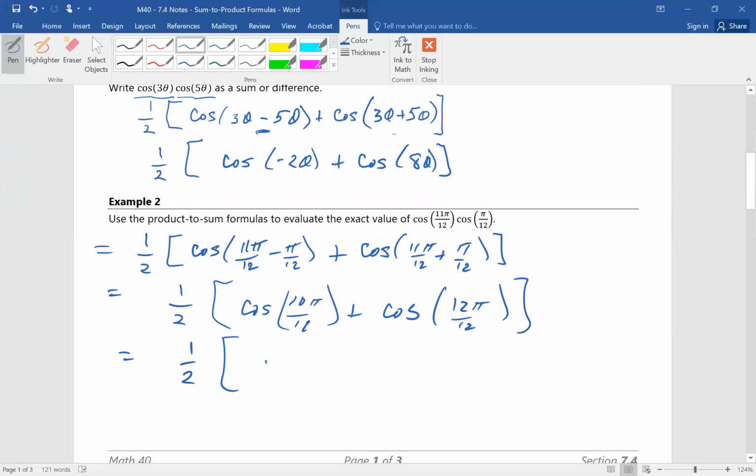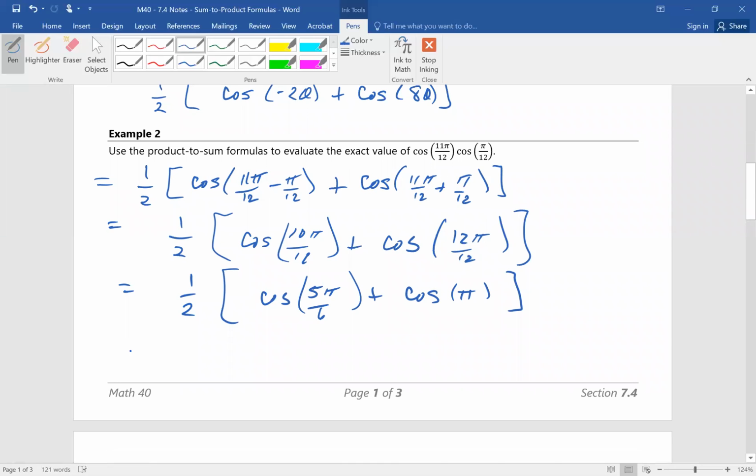And as you continue on, cosine of, if I take a 2 out of top and bottom, what is that, 5 pi over 6? Plus cosine of, what, pi? See how these just whittle down to something a lot simpler, actually. And this cosine of 5 pi over 6, we're going to use a reference angle.